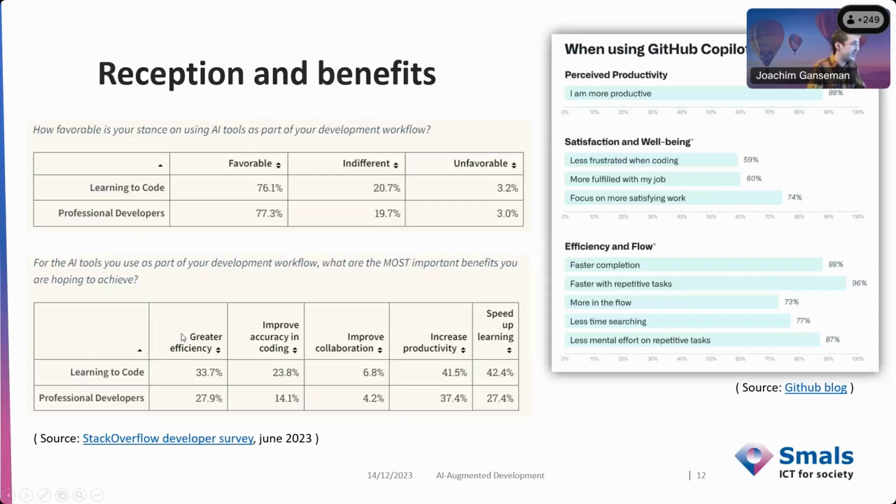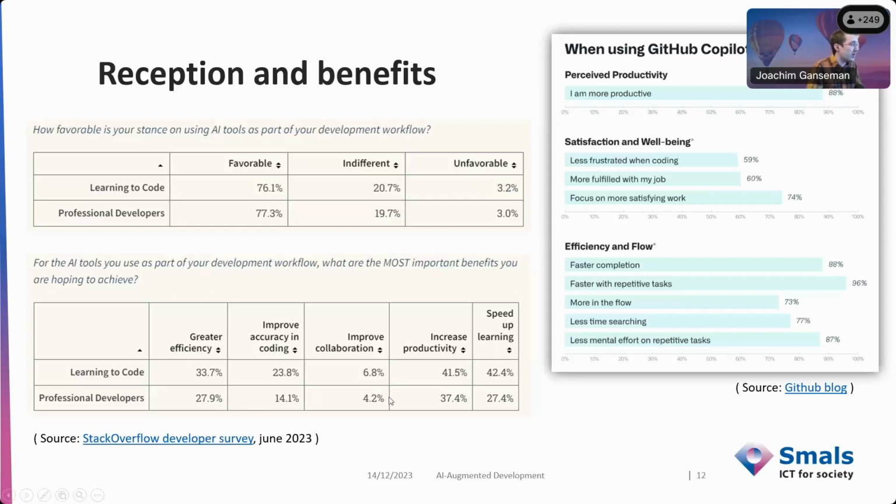If you look at the benefits that developers hope to achieve, then we see that for junior developers, they really want to improve accuracy and get greater efficiency, increase productivity, while for professional developers, that is less the case.